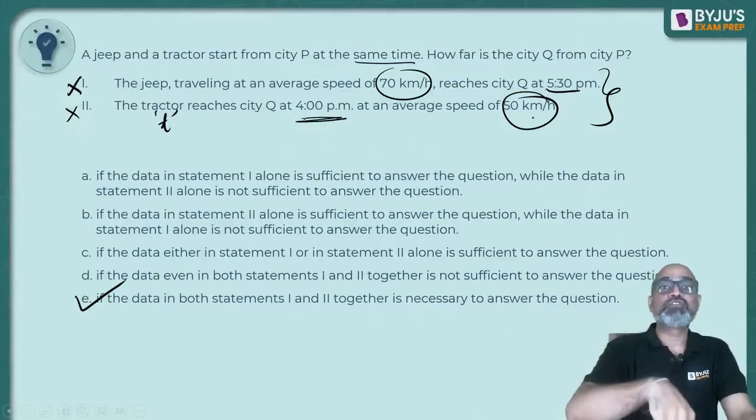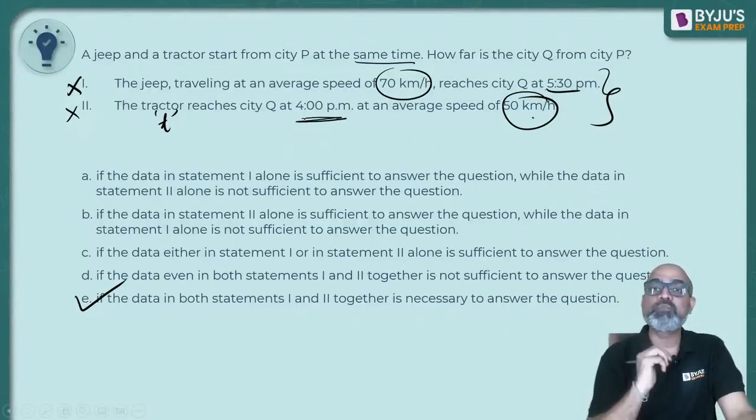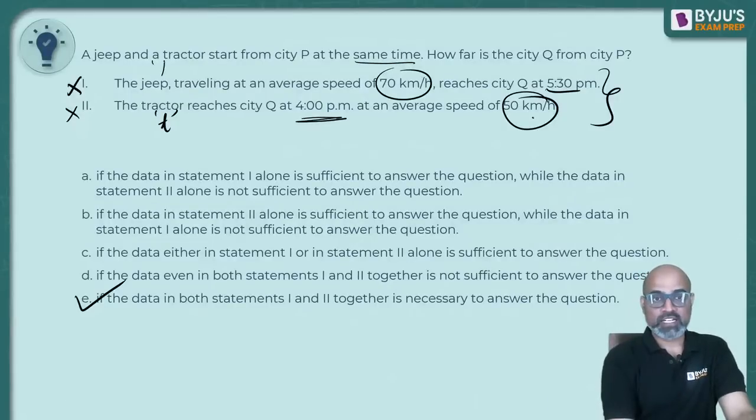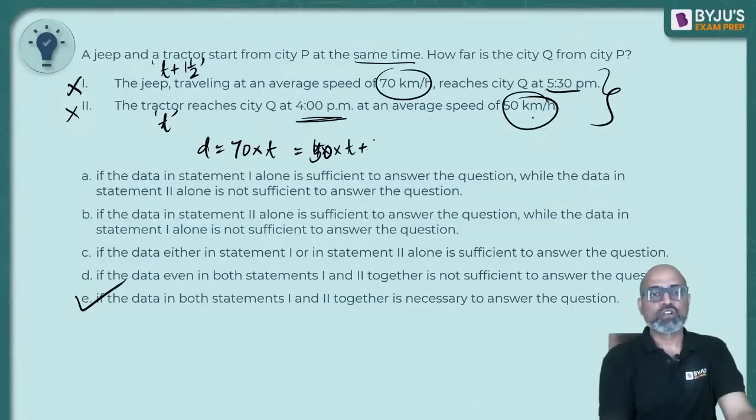Jeep reaches at 5:30. So how much time Jeep must have taken? So definitely T plus 1.5 hours. है ना? So distance is given as speed into time. And this is given as speed, sorry, 50 into T plus जो भी है. ठीक है, whatever is there. I will be able to get the answer or not, club करके.